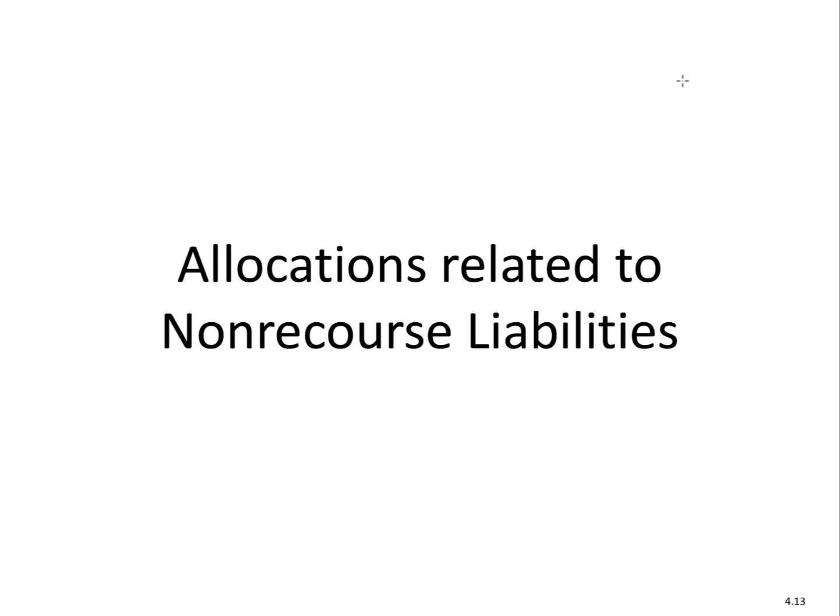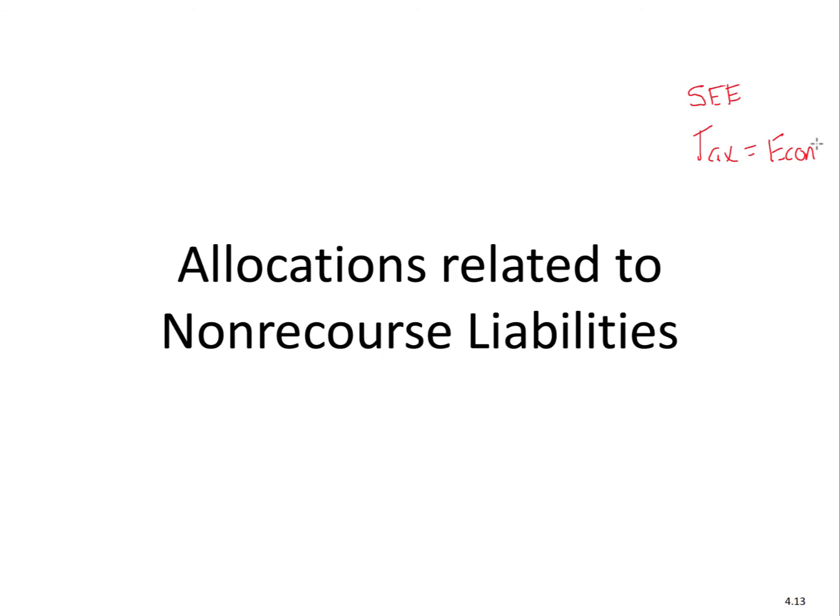When you're looking at substantial economic effect, it's all about, does the tax equal the economics? They must equal. So the tax allocation must be the same as what actually is happening economically.